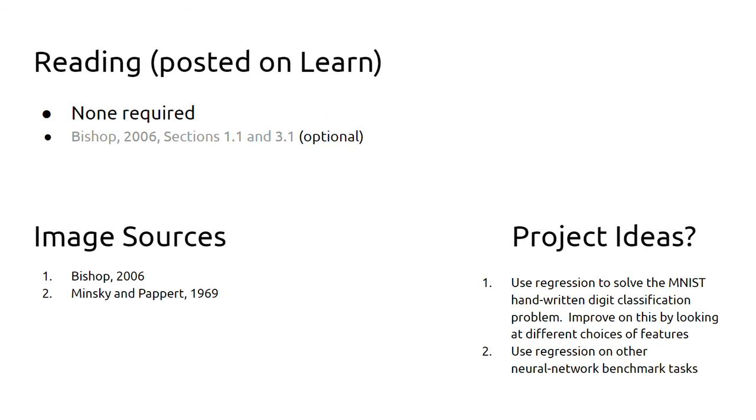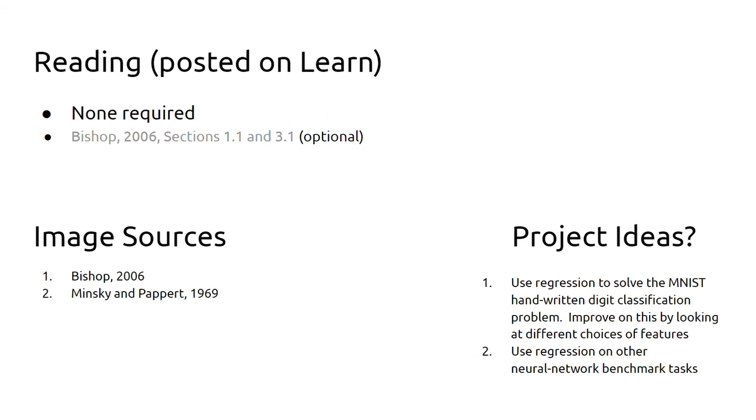Random project, as always, I want to finish off every lecture with random project ideas. A couple that came to mind were just using regression to solve standard neural network tasks. It's not a particularly common thing for people to do. There's a whole bunch of standard neural network tasks out there, and it's often surprising how well something simple like regression can do on those tasks.